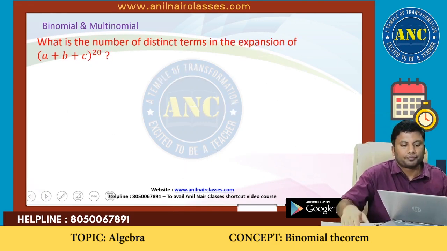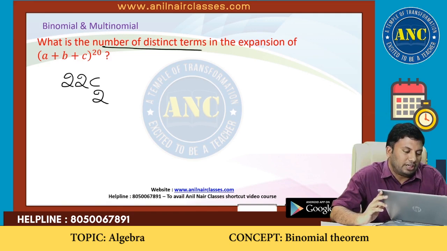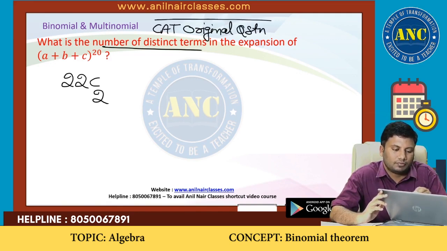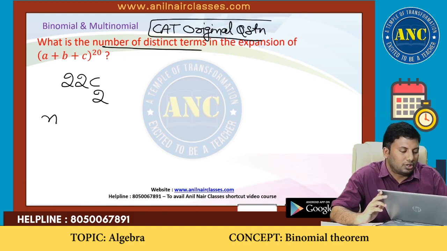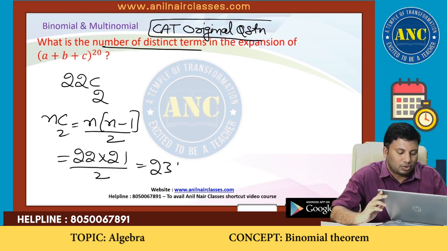Second one. Find the number of distinct terms. 20 plus 3, 23, 22C2. This is a CAT original question, sir. 22C2, nC2 is nothing but n into n minus 1 by 2. 22 into 21 by 2, which is nothing but 231.